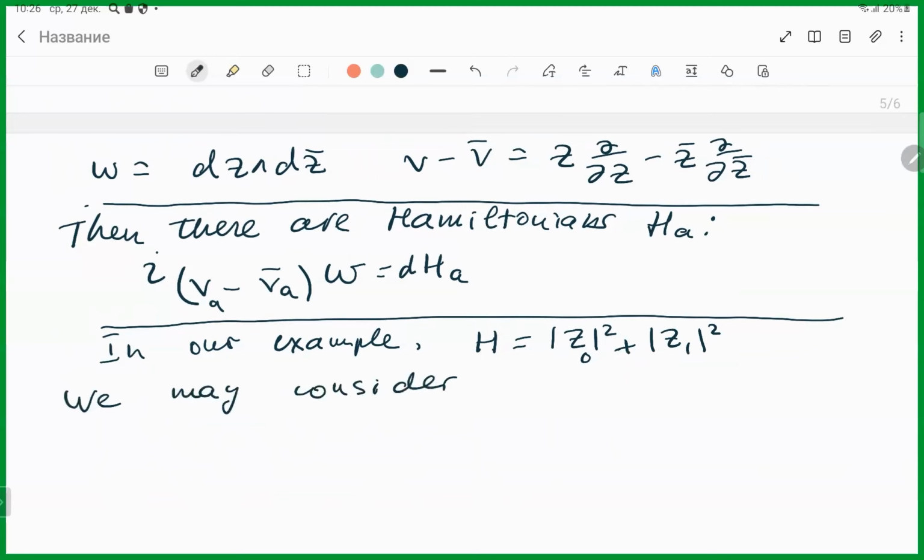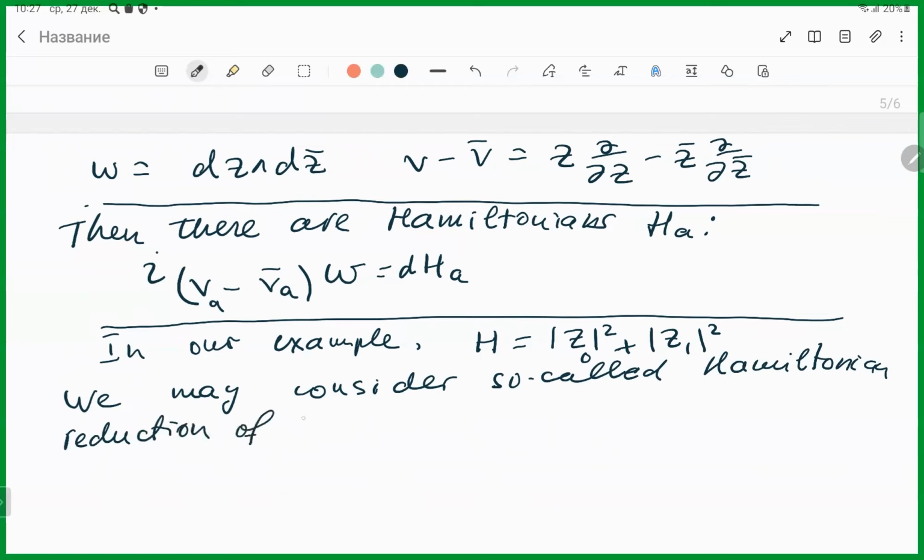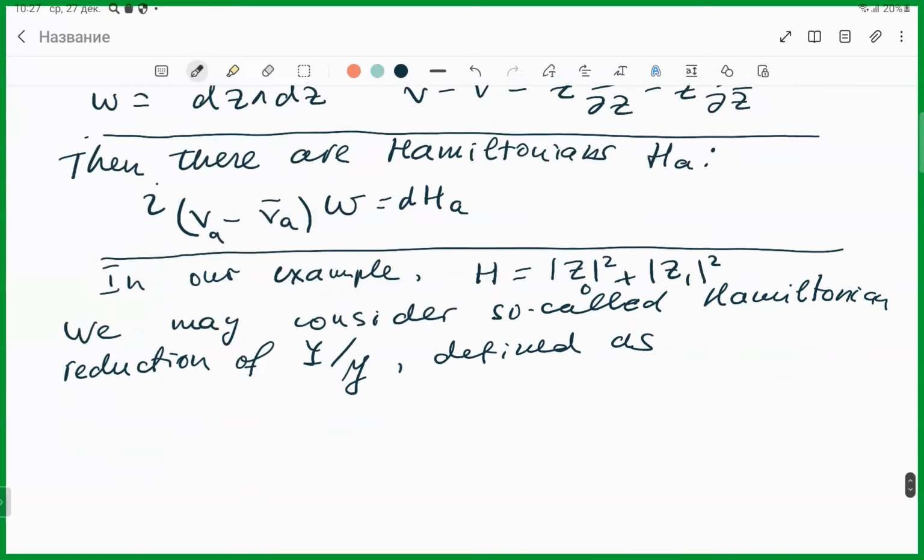Thus we may consider the so-called Hamiltonian reduction of Y over G, defined as follows: take zero of all Hamiltonians and divide by the action of G compact.